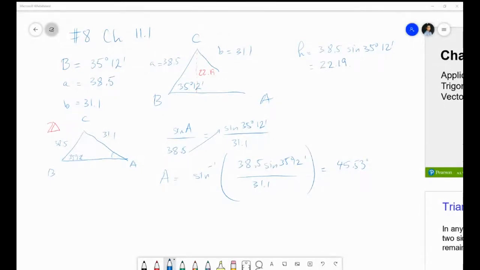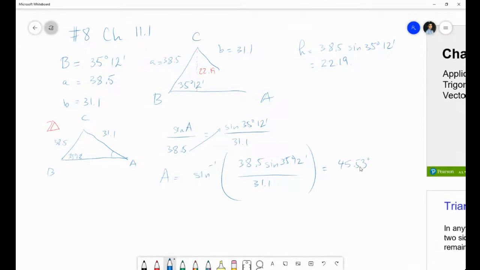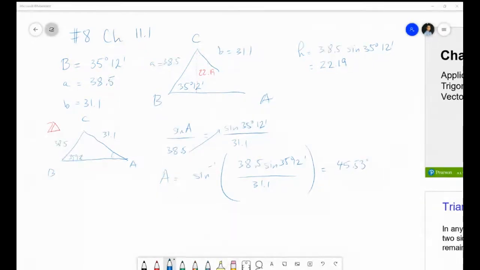So let's see what significant digit they want us to round to. Oh, they want us to do it using minutes, so we have to convert this to minutes. You can do that on the calculator if you type angle to DMS.